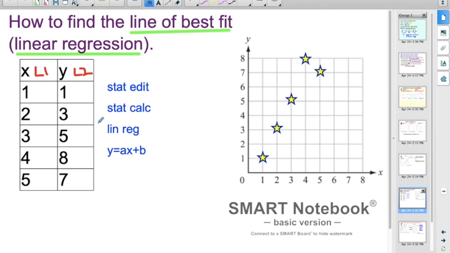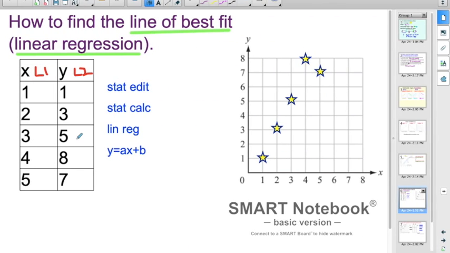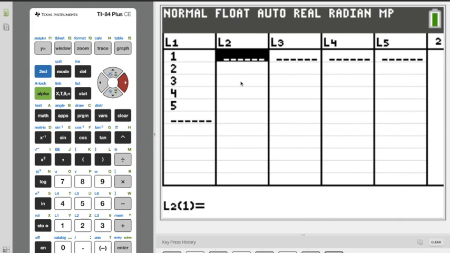Okay, so we're going to want to put these into L1, put that into L2. Go ahead and do that now. And make sure they are in the same order that the table gives you.